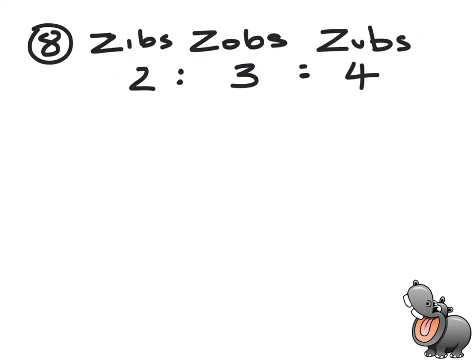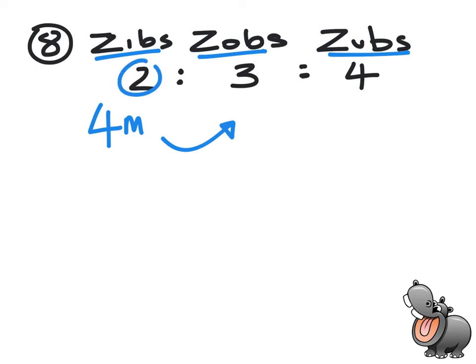Lastly, the zibs, the zobs and the zubs. Now the ratio is 2 to 3 to 4, so I've just set a little table up with the zibs, the zobs and the zubs, and that's the ratio. The question says that on the planet you have 4 million zibs. So there's 4 million of these creatures. Now you should be able to work out how many of the other creatures there are.